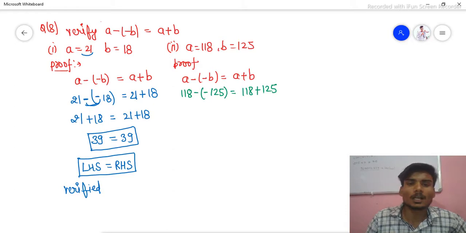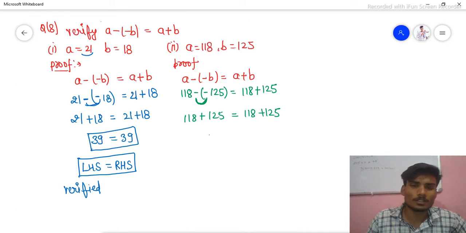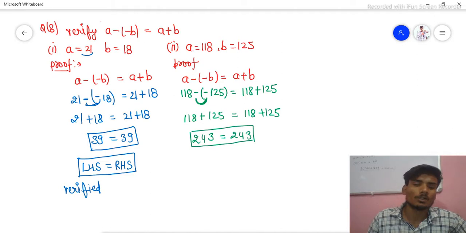These two minus signs are given in the question, so no need to worry about that. Minus multiplied by minus equals plus, so 118 plus 125 equals 118 plus 125. So this is 243 equals 243. After addition of 118 and 125, we get 243. So LHS is equal to RHS. So this is also verified.